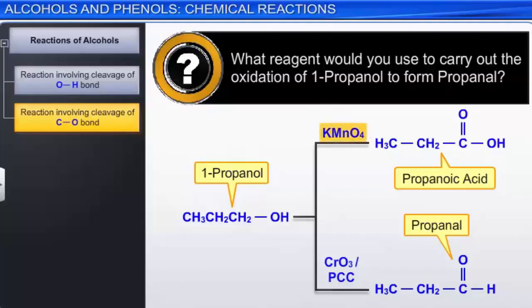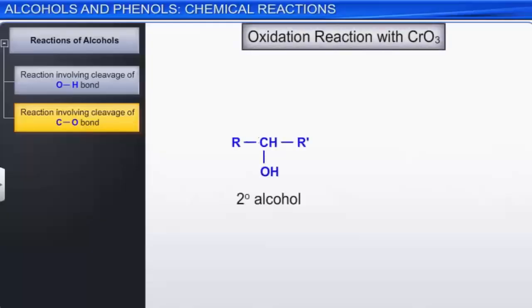We can use either PCC or chromic anhydride to carry out this reaction. Treating secondary alcohols with chromic anhydride will produce ketones.